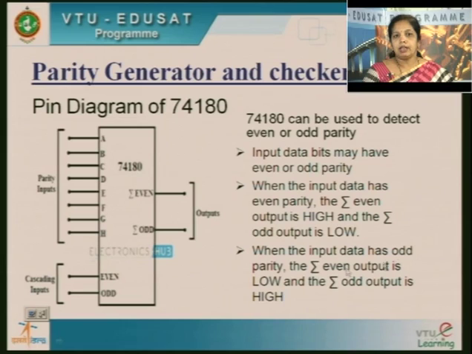When the input data has odd parity, the summation of even output is low and this is high. So based on what kind of inputs you are giving to that 74180 IC, the generator and checker, you are generating the output either high or low. You have two outputs, one for even output, one for odd output. Based on your inputs, you are going to generate even or odd parity.